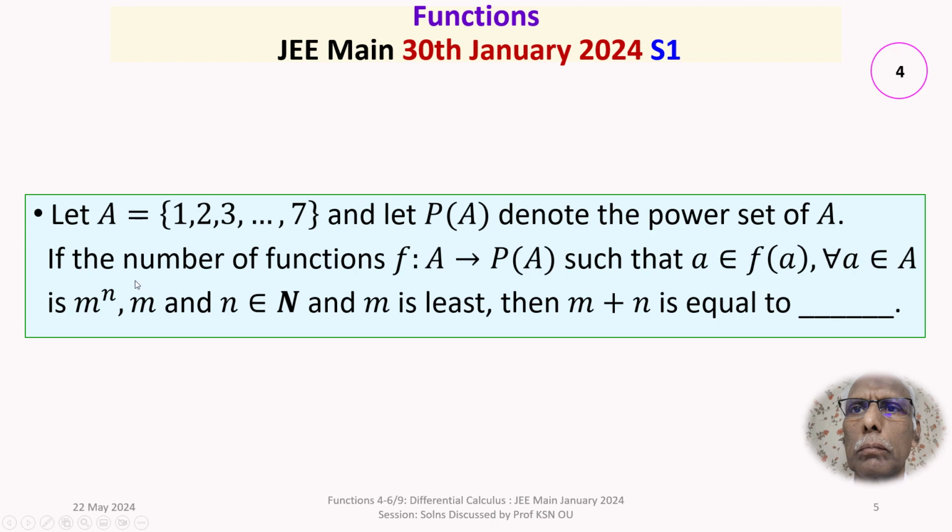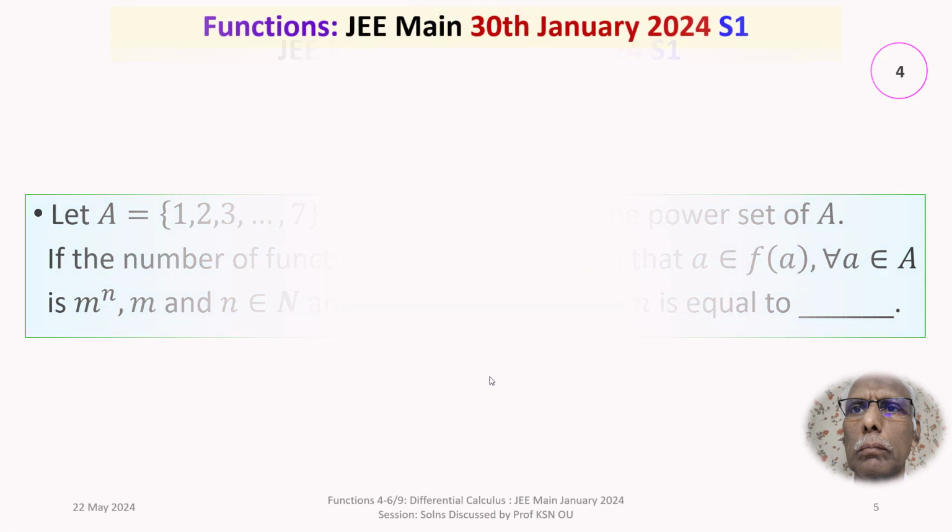So, we are considering the number of such functions, which is m power n, where m is the least, and we are required to find the value of m plus n. Let's now discuss the solution of this problem in detail.